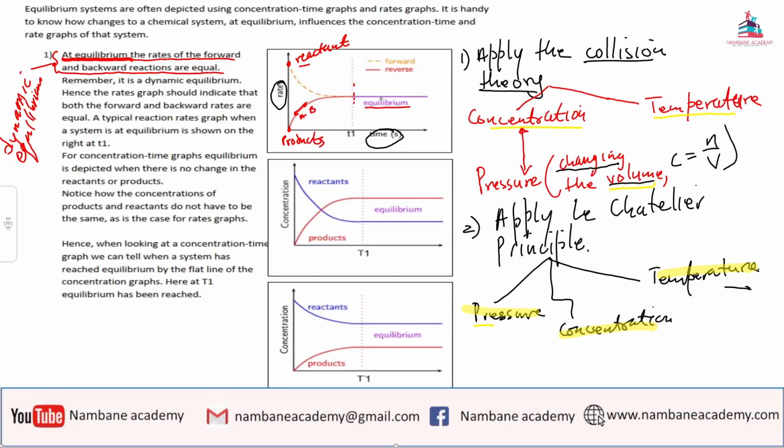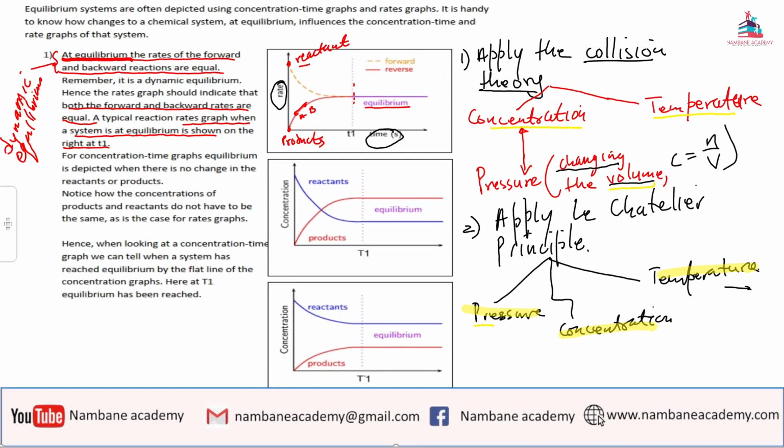But eventually, once the equilibrium is reached, the rate of the forward reaction equals the rate of the reverse. That's the reason why, because it is dynamic. It further says, hence the rates of the graph should indicate that both forward and reverse rates are equal. A typical reaction rate graph when a system reaches an equilibrium is shown at the right, which is what I explained there.